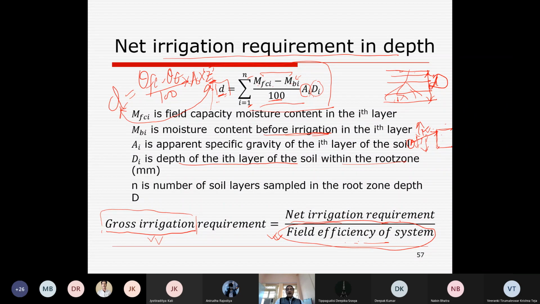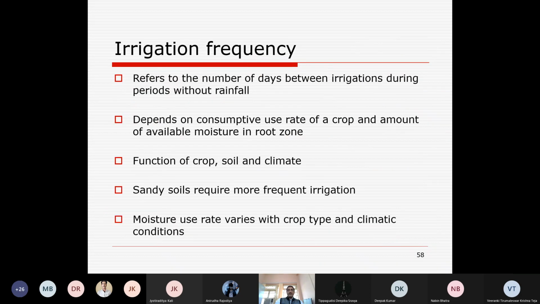So this is the idea of how we are planning and estimating the amount of irrigation water in the field, either exactly in terms of net or as the gross irrigation requirement. Two ways: soil moisture accounting, or ET accounting.